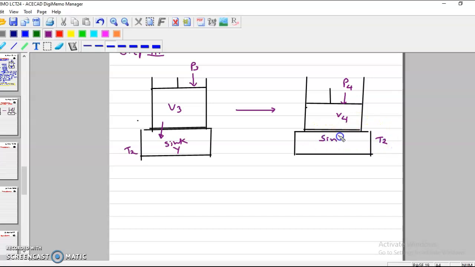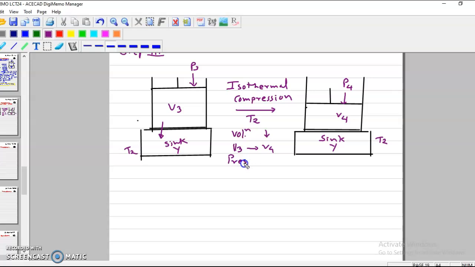Here this is a sink, and as heat is coming out of this cylinder, it is energy transfer from cylinder to sink, so it is called exothermic reaction, and as compression of the gas takes place we call it isothermal compression because temperature remains constant. So it is isothermal compression at T2 temperature, and the volume decreases from V3 to V4.